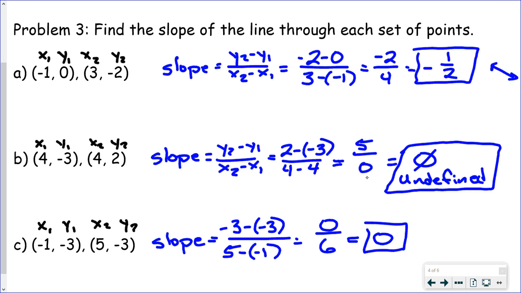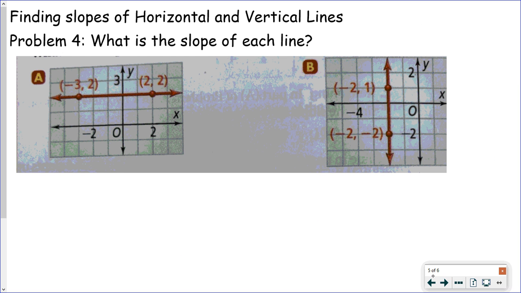So if the 0 is in the denominator, it's undefined. If the 0 is in the numerator, then the slope is just 0. And I'm going to show you what the graphs of those two look like here in just a second. All right. So, finding the slopes of horizontal and vertical lines. If you think of rise over run, that's what slope is, right?